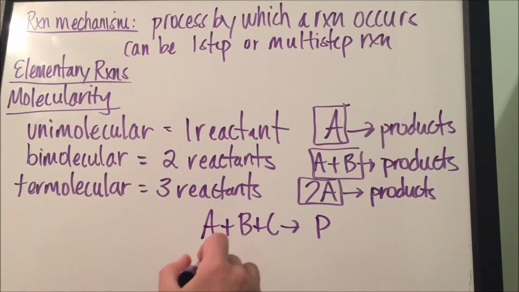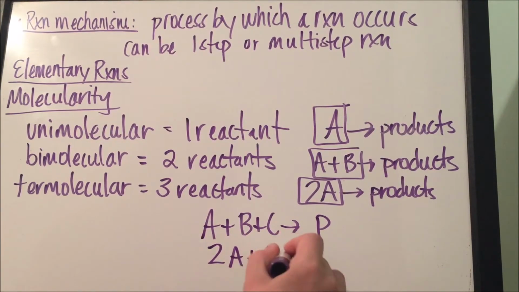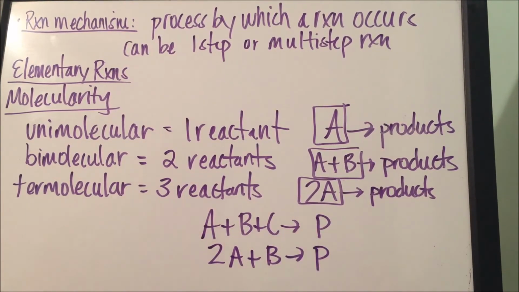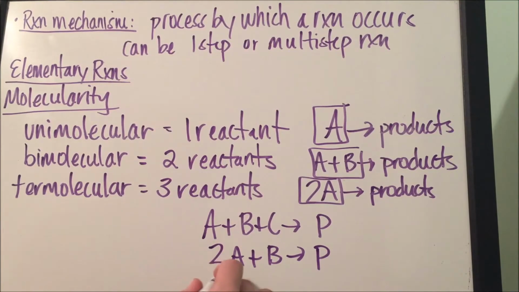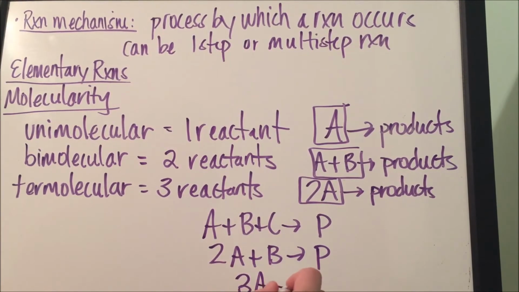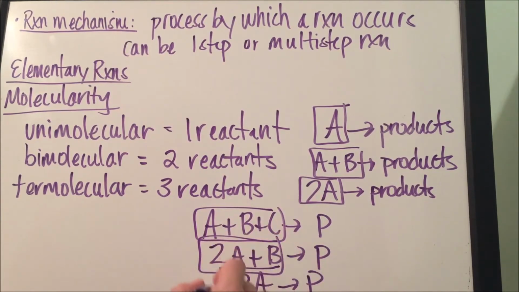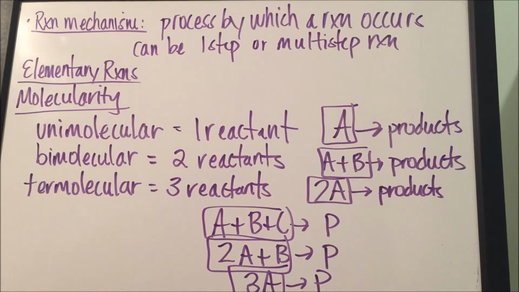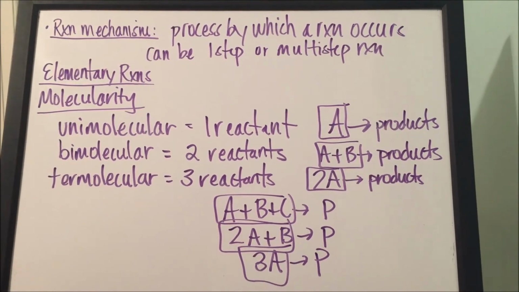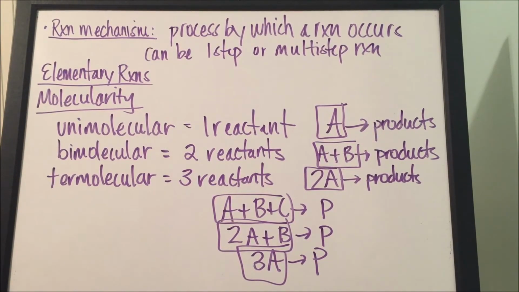It could be something like 2A plus B yields products. It could even be 3A yields products. But all 3 of those would be a termolecular reaction because there are 3 reactants. So that's molecularity. It's just how many reactant molecules you have in an elementary reaction.